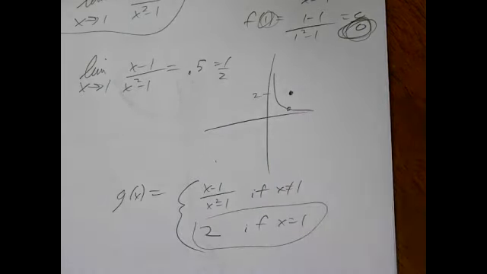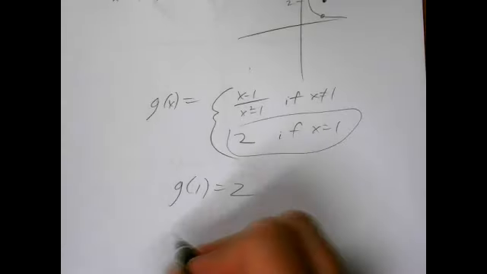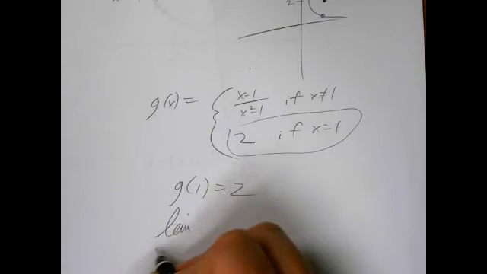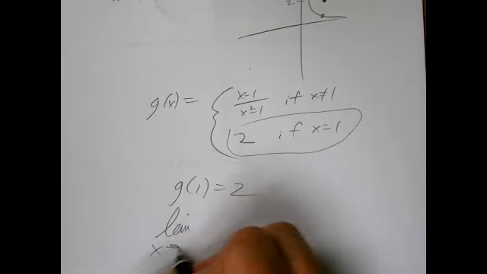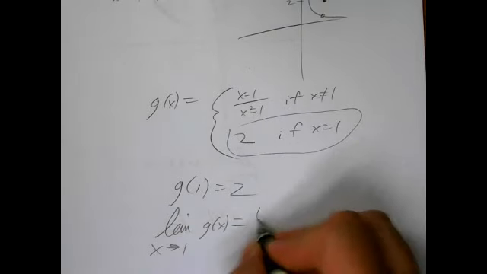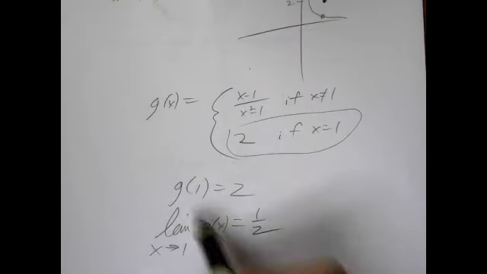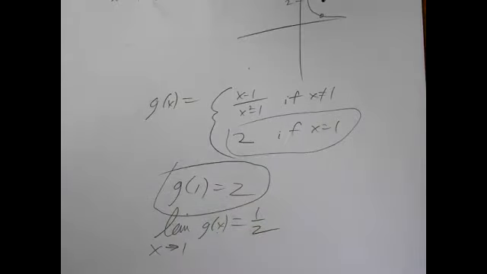All right? So here's what we see. We see that g of 1 is equal to 2 by definition, and we see that the limit as x approaches 1 of g of x is equal to, guess what? 1/2. Right? Again, because what is the number one thing that I do not care about when I'm finding a limit? I don't care what the function actually equals.